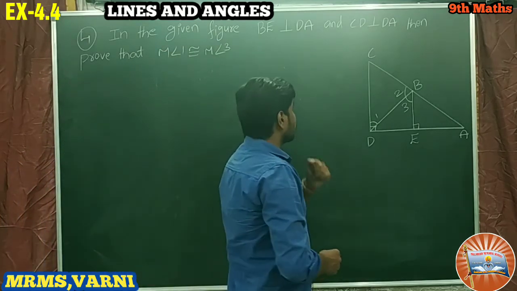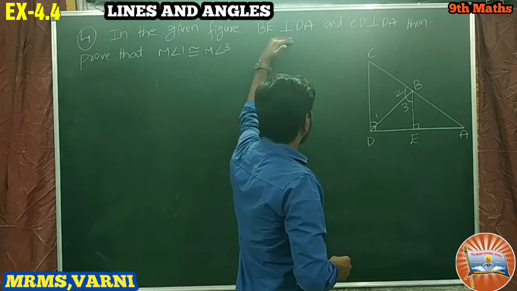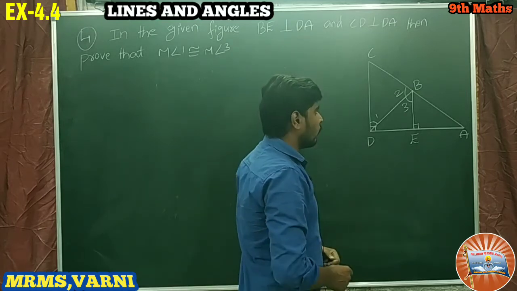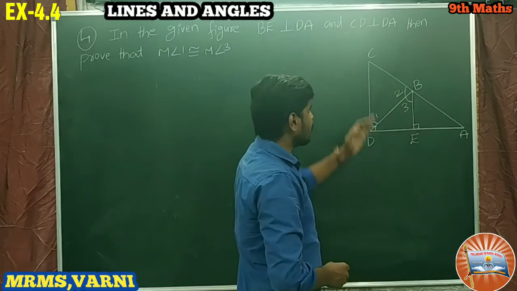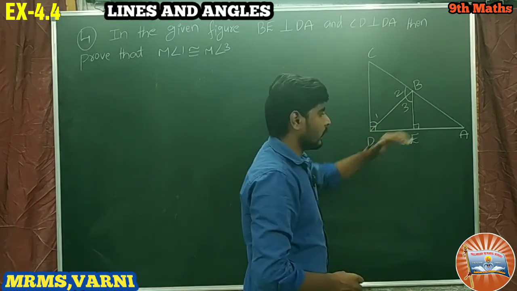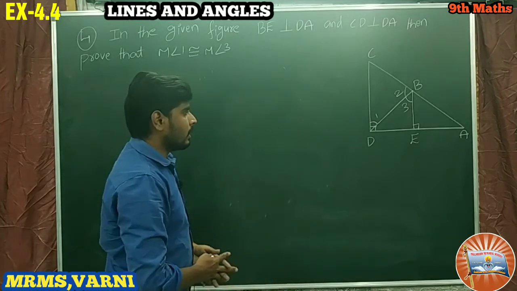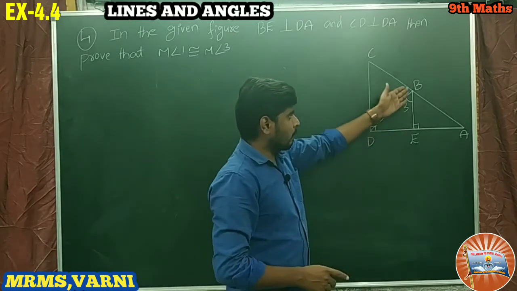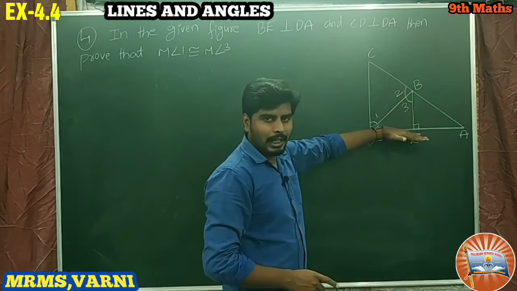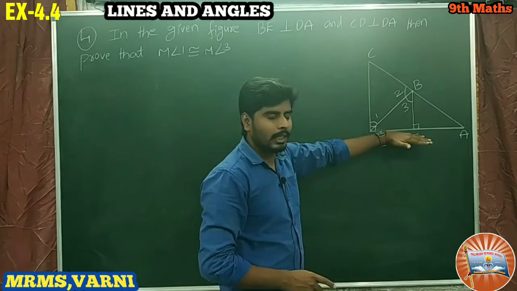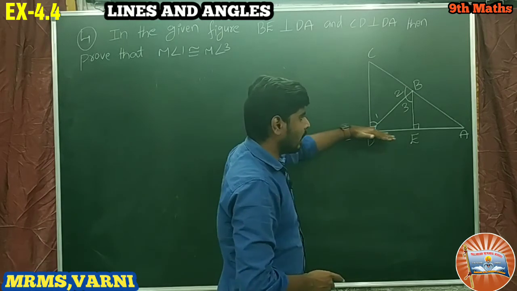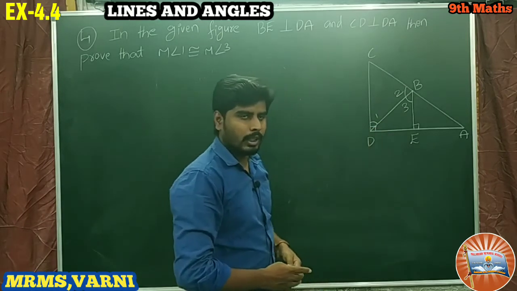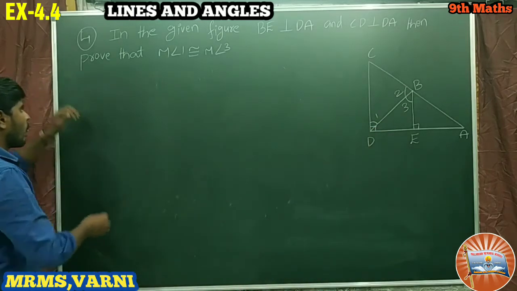In this figure, BE is perpendicular to DA as well as CD is perpendicular to DA. It means this BE line makes an angle of 90 degrees with this DA line, as well as the CD line makes a 90 degree angle with DA. Let us write what is given.